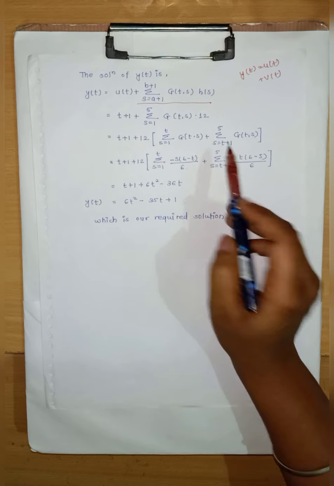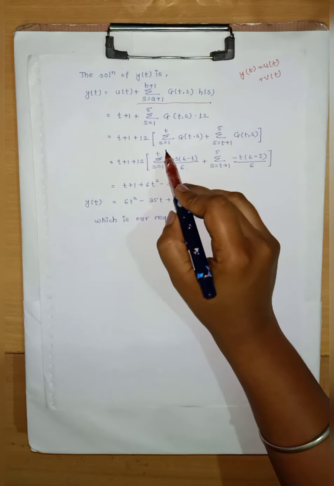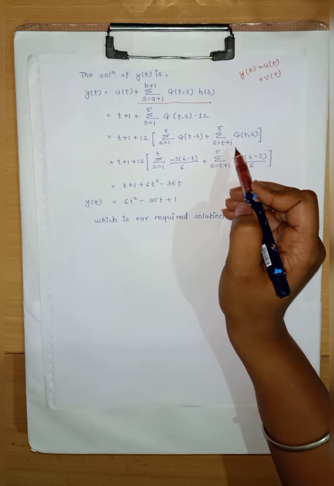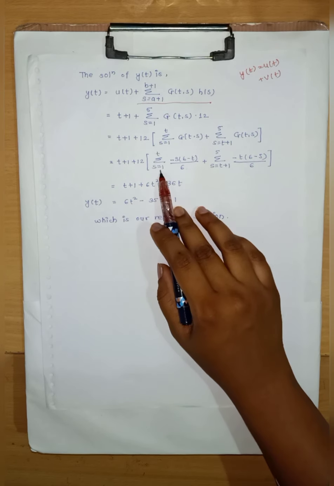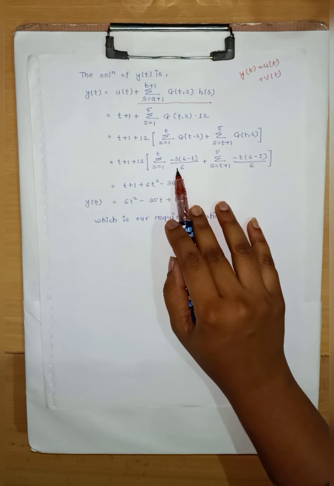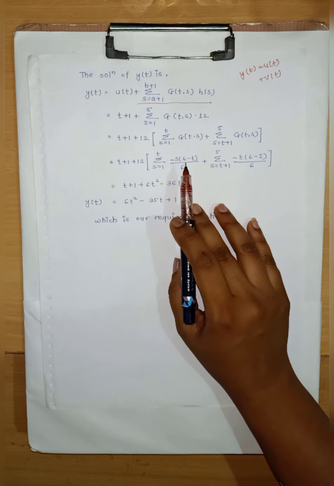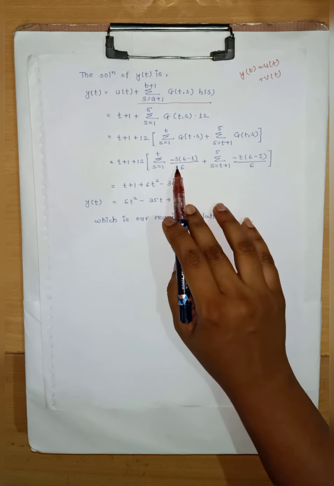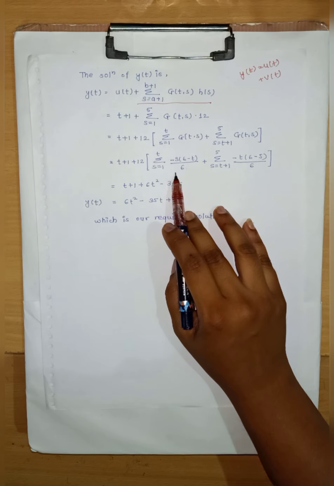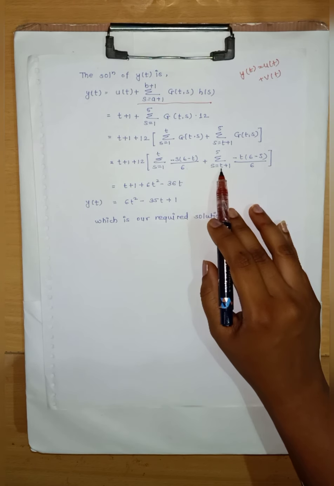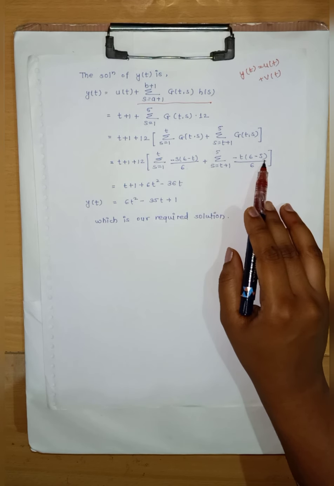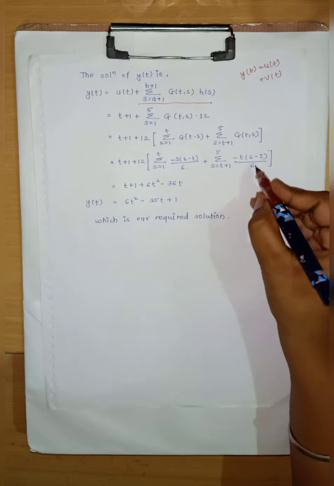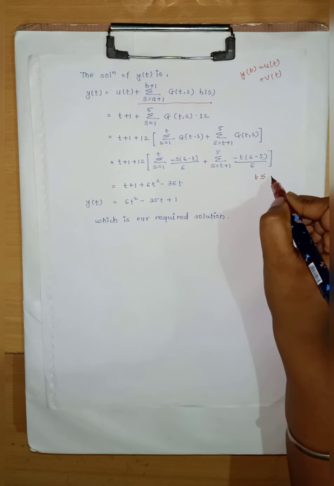So t + 1 plus 12, and we have kept the value of g(t,s), and we have divided the summation into two parts, from 1 to t and from t+1 to 5. So t + 1 + 12 times the summation of the g(t,s) value, for s less than t, is -s(6-t)/6, plus the summation from t+1 to 5, that is -t(6-s)/6.